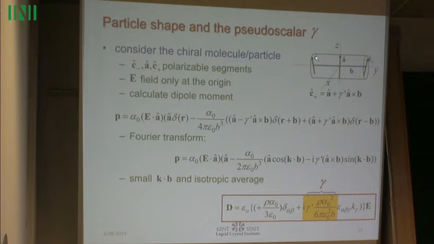Here the tip comes out a little bit, here the tip goes in a little bit. So that's a chiral object. And then you can simply work out what the dipole moment is if you put this in a field. And you sort of grind through this, and then you find that you get indeed a term which is exactly like this term that I put on the board.